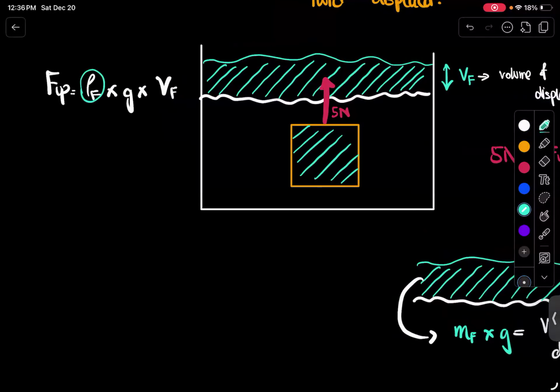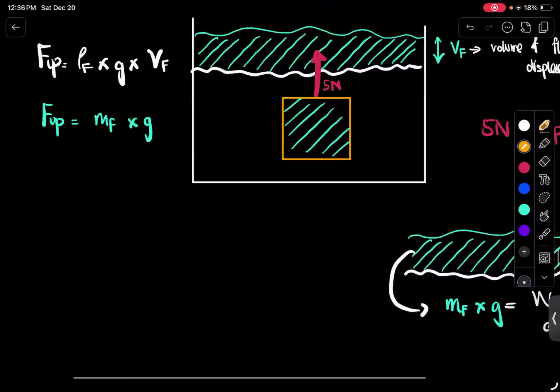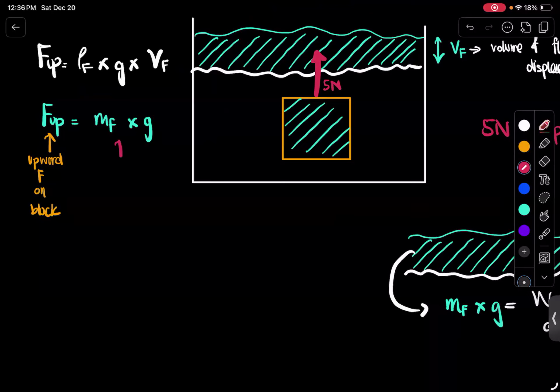If you multiply density and volume of the fluid together, you get F upthrust equals the mass of the fluid times g, right? From this expression, you see that F upthrust is the upward force on the block, and by definition that is also equal to the weight of the fluid displaced. That's basically Archimedes' principle.